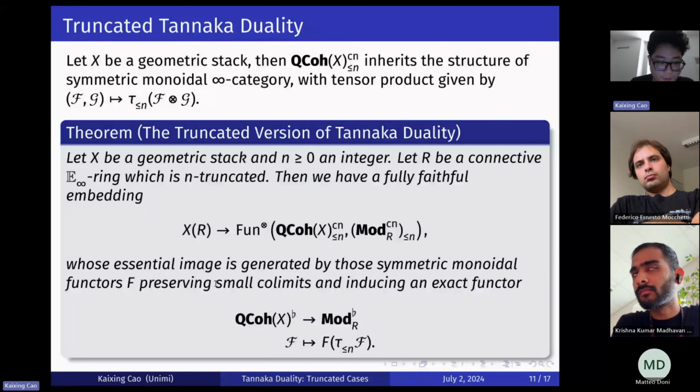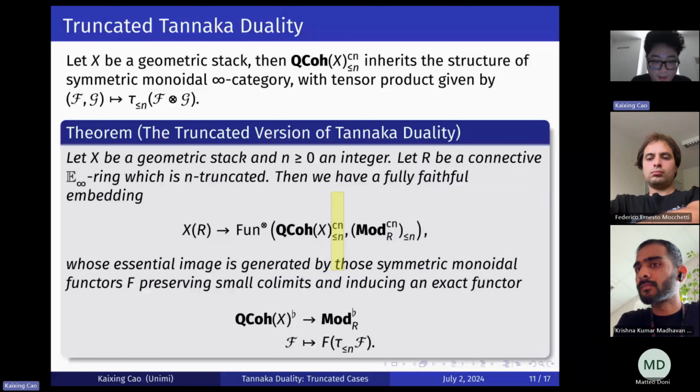Here we also require F to preserve the coordinates, and our target category is not the functor category from the quasi-coherent sheaves of X to the R modules. We restrict to the connected part. And finally, we need to preserve some flat objects.